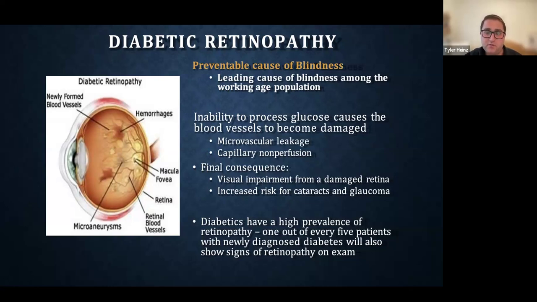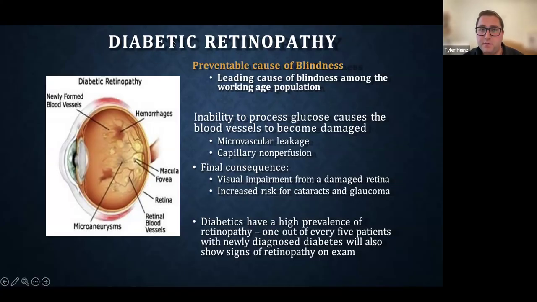Remember we talked about the angles and the canal of Schlemm last time, and our aqueous humor pouring out through that trabecular meshwork. If we have neovascular growth in that meshwork, that's going to decrease our outflow of fluid from the eye, increase the pressure, and lead to neovascular glaucoma.